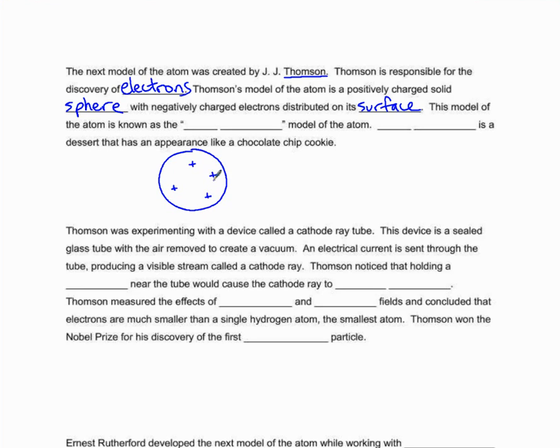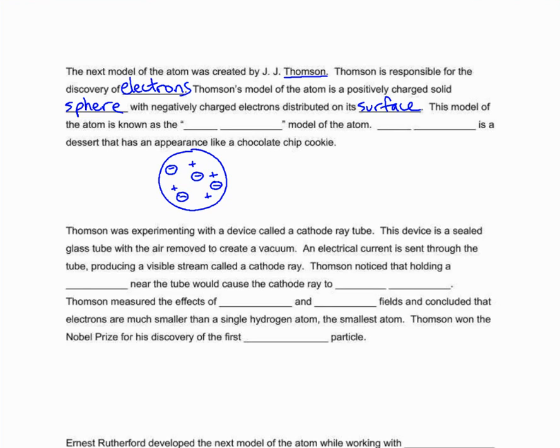So I'm going to put 4 positives here. So the solid sphere is positive, and then there are electrons distributed around the surface. So here's an electron, it's negative. Here's an electron, it's negative. Here's an electron, it's negative. And one more. The number of positives here equals the number of electrons.